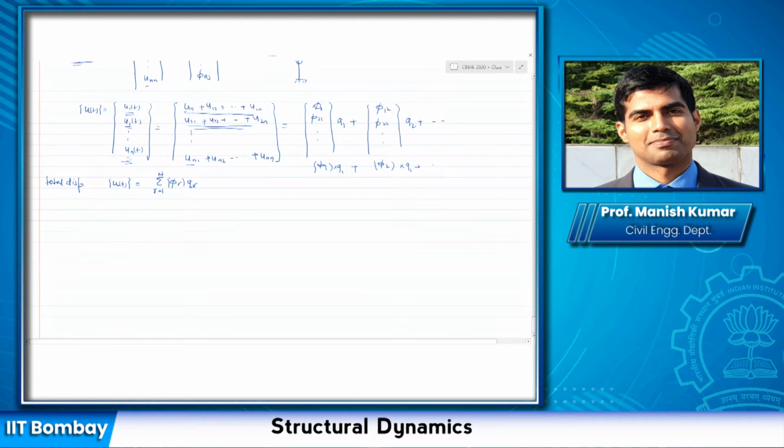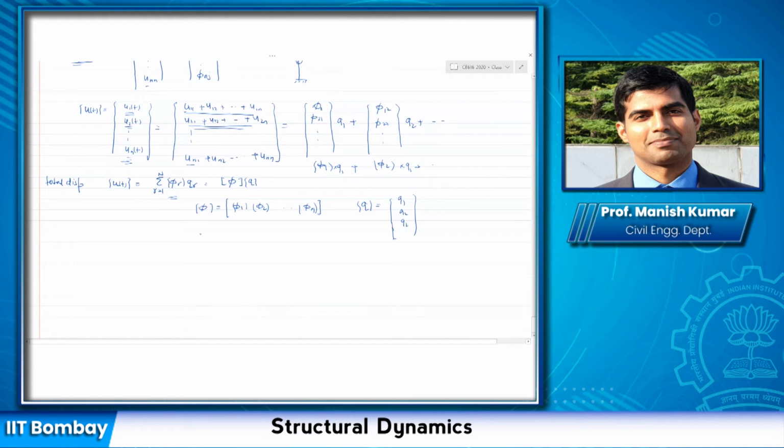So this summation can also be written as phi times q, where phi is the modal matrix, which you already know is phi_1, phi_2, up to phi_n, and q is a vector which is q_1, q_2, q_3, and so on.